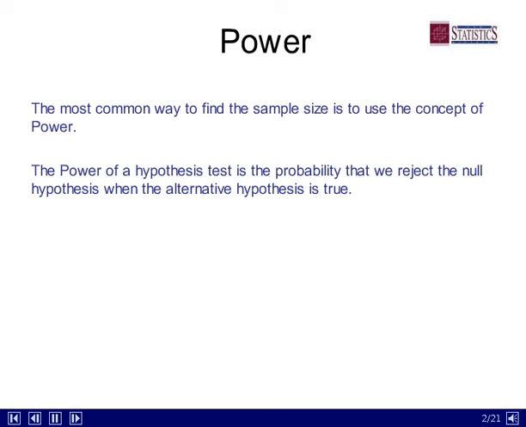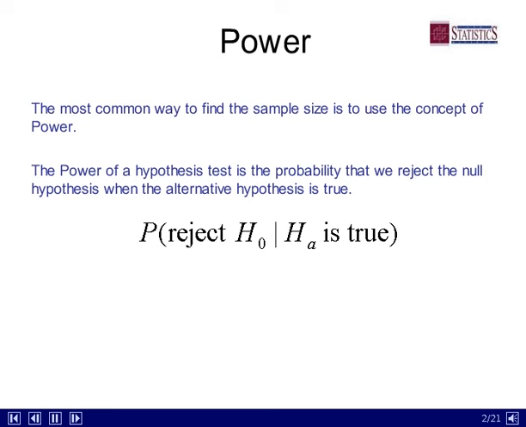So power of the hypothesis test refers to the probability that you reject the null hypothesis when you have shifted. So it's basically when you've shifted, it's the probability you correctly say, yes, we have a shift. So it's the probability of correctly identifying the shift when it occurs of a certain size. Okay? So that's what the power of a test is.